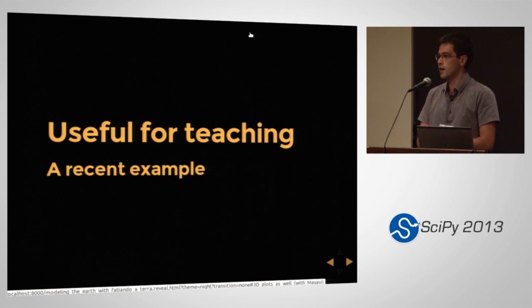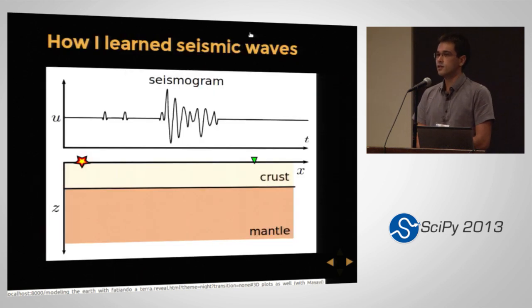And this is a recent example that I just developed. This is how I learned seismic waves when I was doing my bachelor's. I'd be shown this seismogram, and then the professor would say, okay, imagine that you have a crust here on top and a higher velocity mantle below.